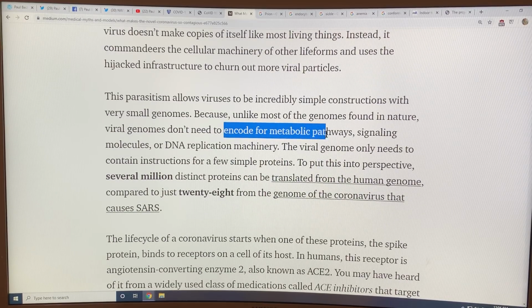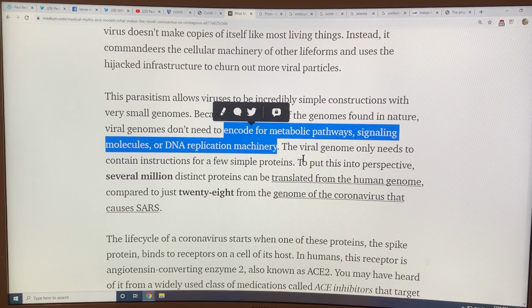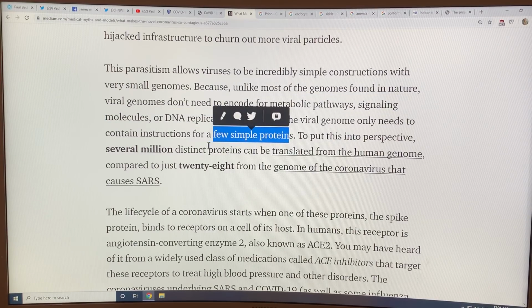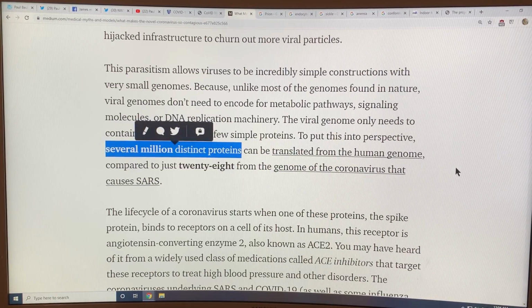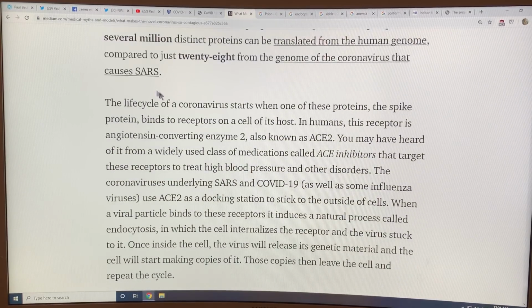It doesn't need to be complex. It doesn't have the DNA replication machinery that living animals have. There are very simple instructions and very few simple proteins. The human genome has several million distinct proteins, but there are only 28 proteins in the genome of the coronavirus that causes the disease.